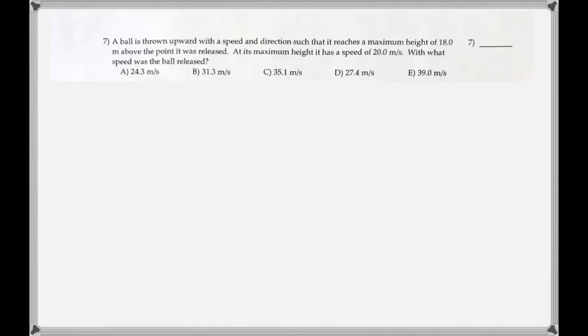A ball is thrown upward with a speed and direction such that it reaches a maximum height of 18 meters above the point it was released. And at that height, it has a speed of 20 meters per second. With what speed was the ball released? This is a clear case of conservation of energy, because at the bottom where it was thrown from, it only has kinetic energy, because we take the ground at the point where it was thrown from.